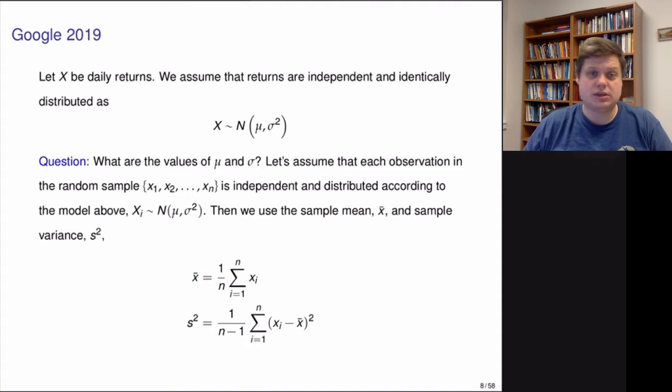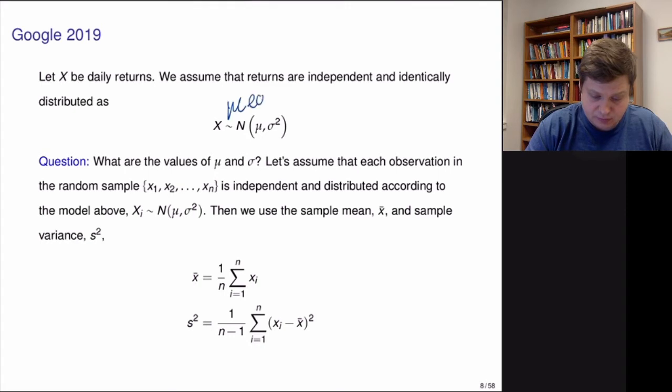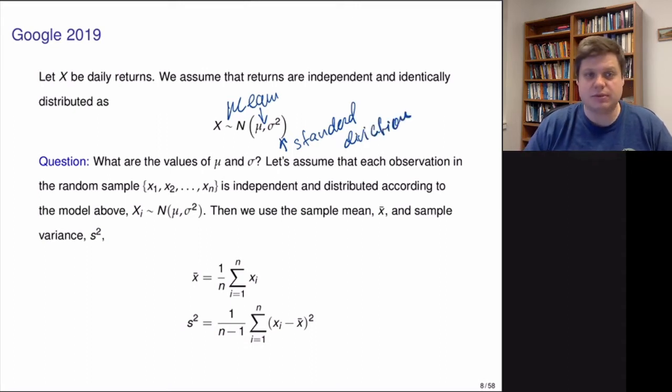A normal distribution has two parameters: the mean, mu, and the standard deviation, sigma, or variance, which is sigma squared.